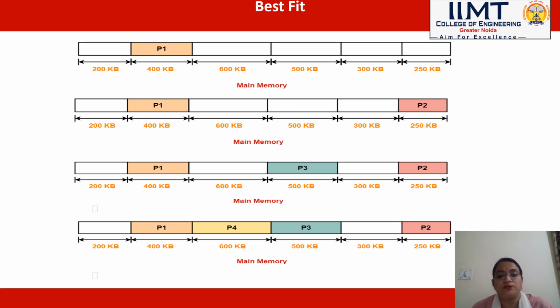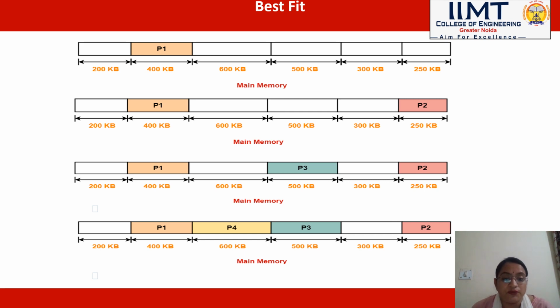Next, process P2 has size 210 KB. In this case we check the entire system. We can see that 250 KB is big enough, and it is the smallest one, to allocate to process P2.